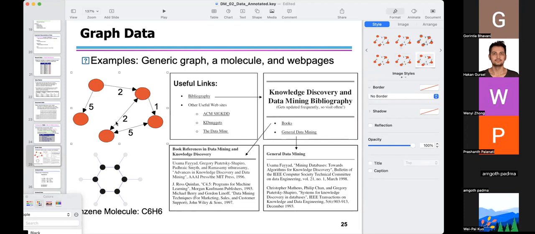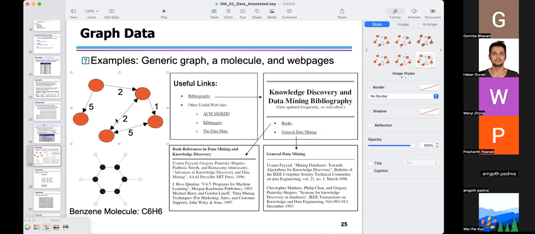If both of them have a link to each other, then this double arrow is placed here. The picture on the bottom, again, doesn't look like a table. This is chemical data: the molecular structure of benzene, the gas that we put in our cars to run them. This is how it looks, its chemical structure or molecule.